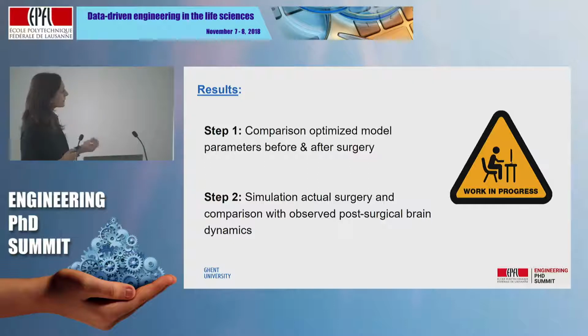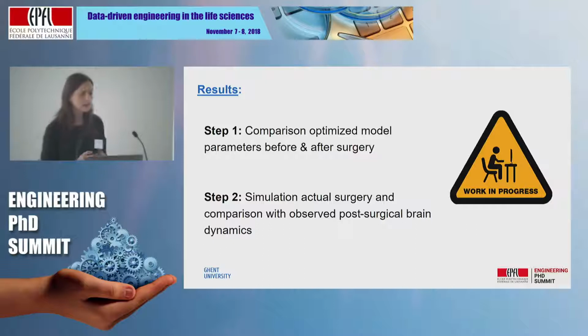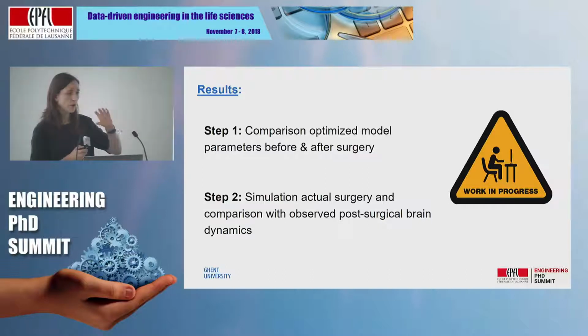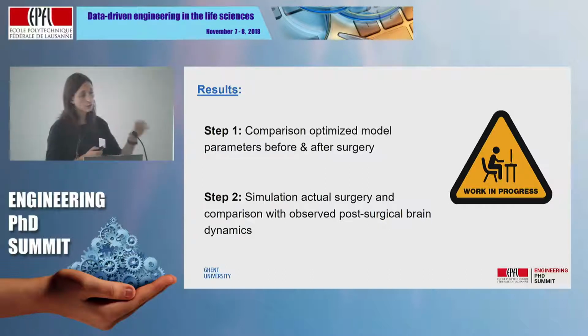And then in the second step, the idea is that we will try to simulate the actual surgery. We can draw a resection mask after the surgery to get a clear idea of which white matter tracts were removed because of the surgery. If we then apply this resection mask to our preoperative connectome, we can simulate what our model would predict to be the effects of the surgery.